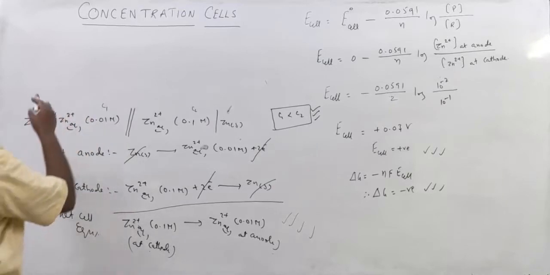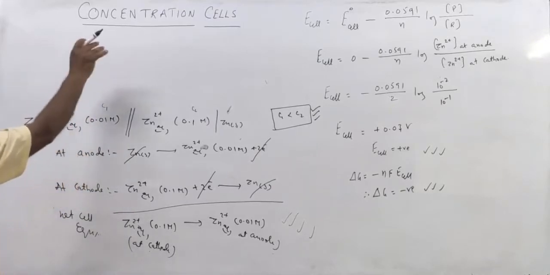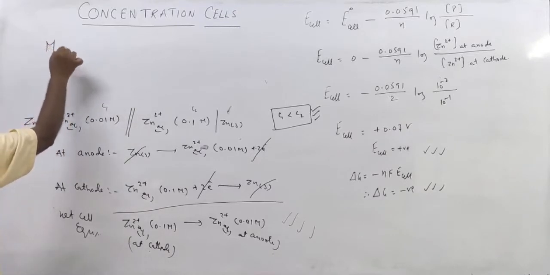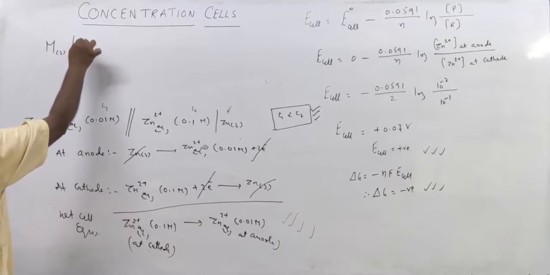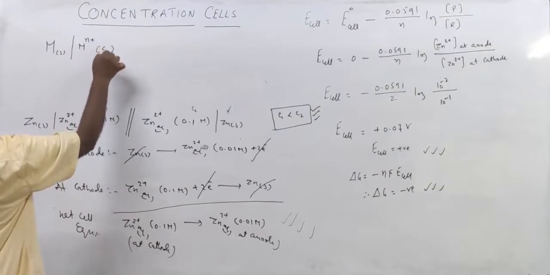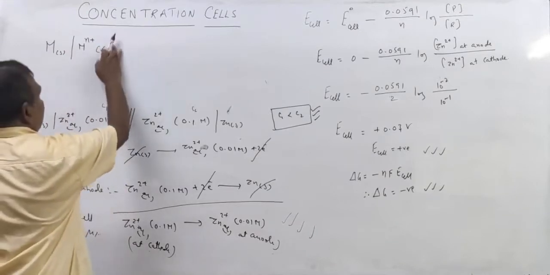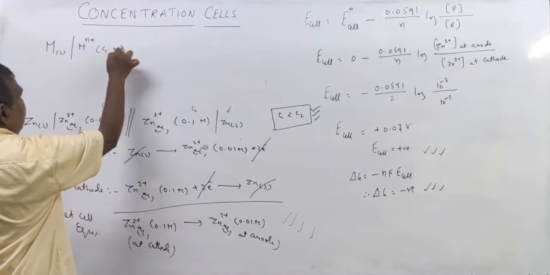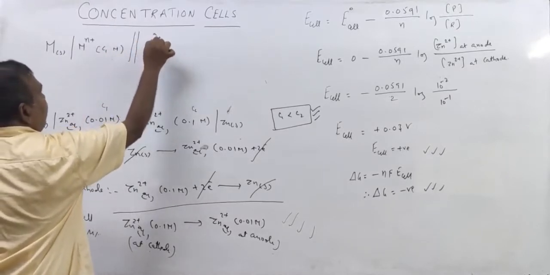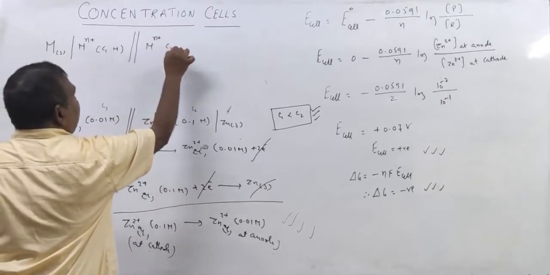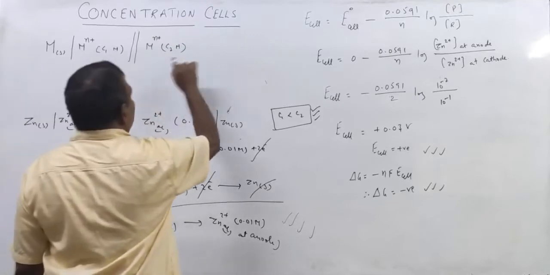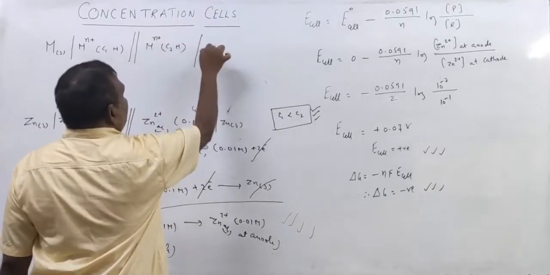Such types of electrochemical cells are called concentration cells. The general way of representation of concentration cells is M solid in contact with its own ion M n+ at C1 concentration, salt bridge, M n+ at C2 concentration, the electrolyte is in a different concentration, then M solid.